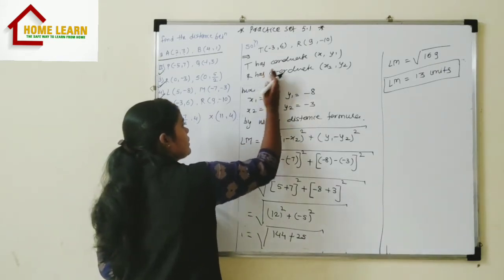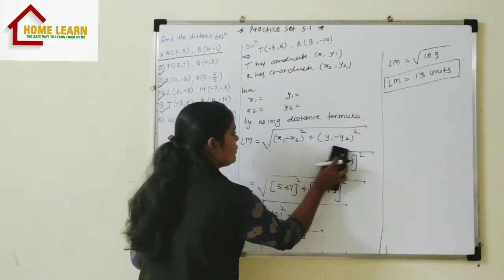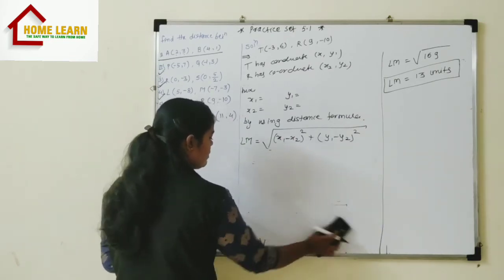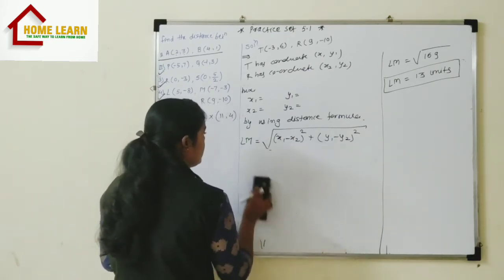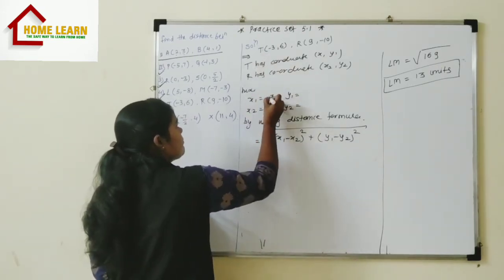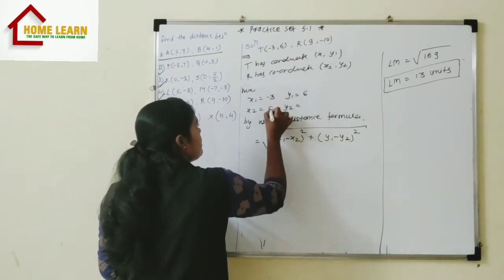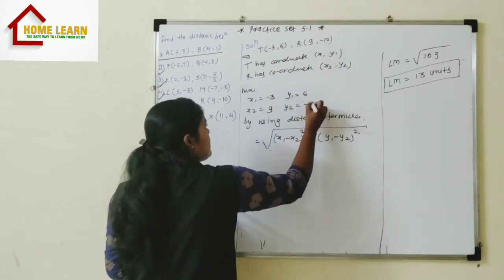Let's keep their values here, and by using the distance formula we can easily find the distance between T and R, that is TR. So here x1 is -3, y1 is 6, x2 is 9 and y2 is -10.